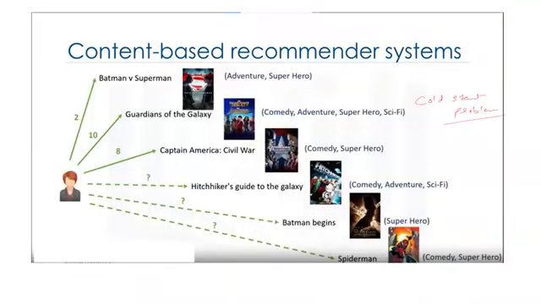Whatever items I'm uploading, I have to rank them manually, saying that these are items where there's a high chance that people may like them. So I might have to do that manually and then populate that particular application with those items.